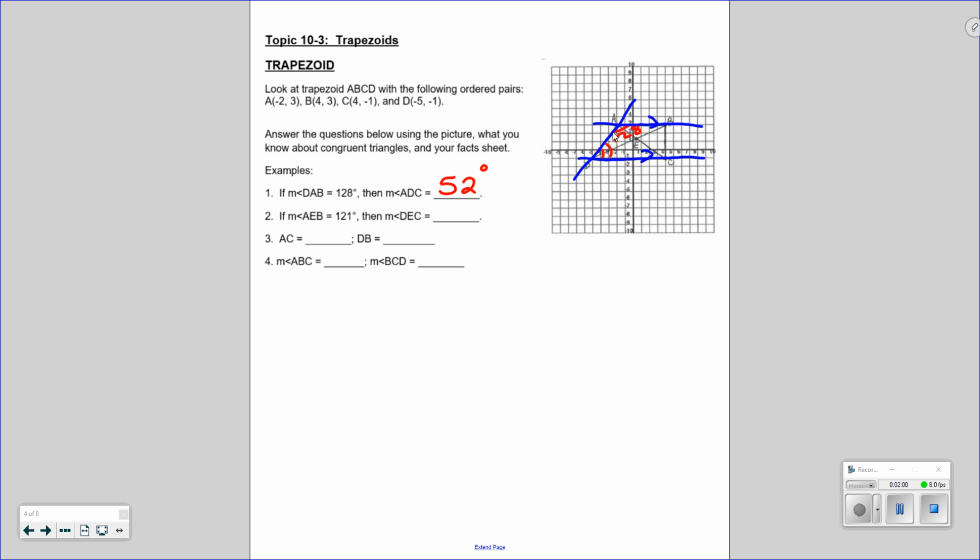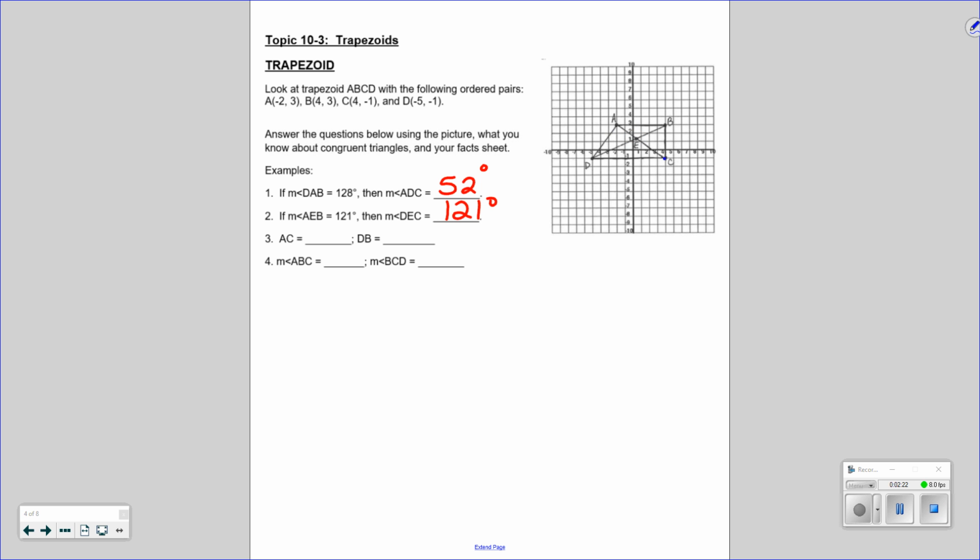Okay? All right, then if the measure of angle AEB is 121, that would be this one. And what's the measure of angle DEC? Well, those are vertical angles, so that should also be 121. All right, what about the length of AC? How can we find the length of AC?